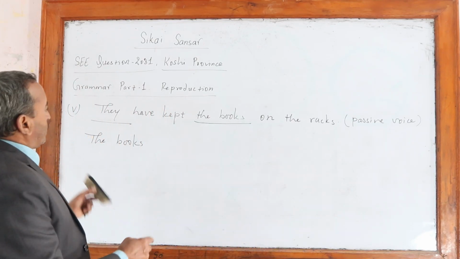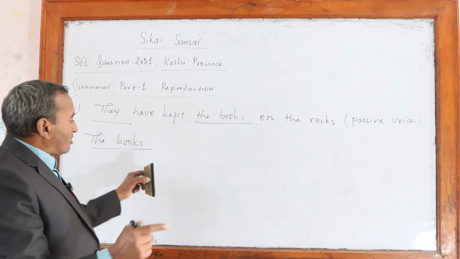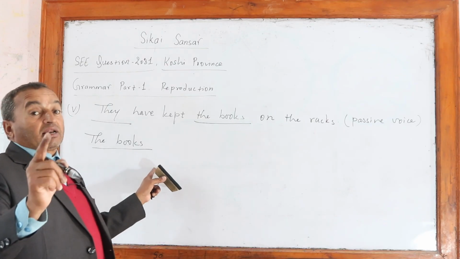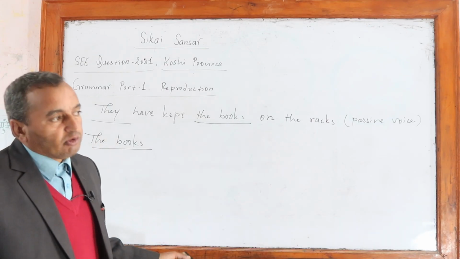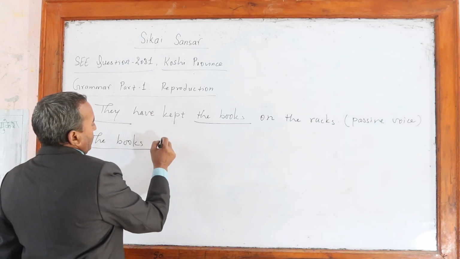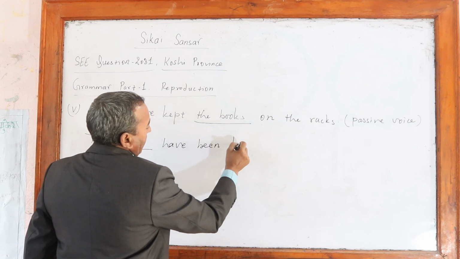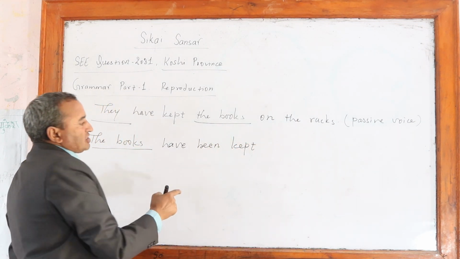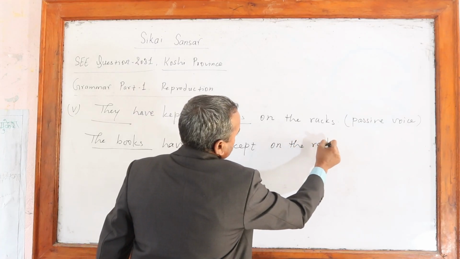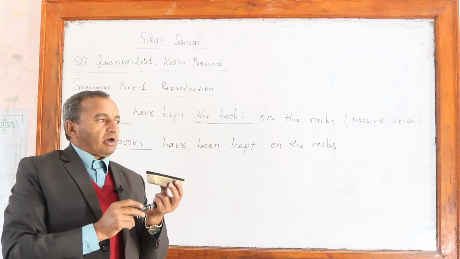So look here. The books is plural. If there is a singular subject, has been is written, but here the books is the plural subject. So we have to use the plural verb as well. So the books have been kept on the racks.